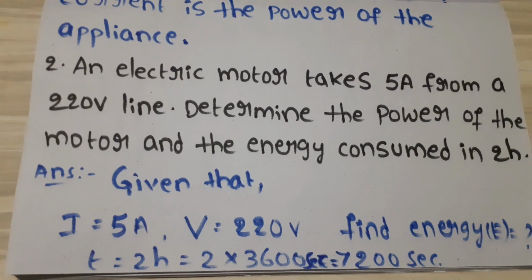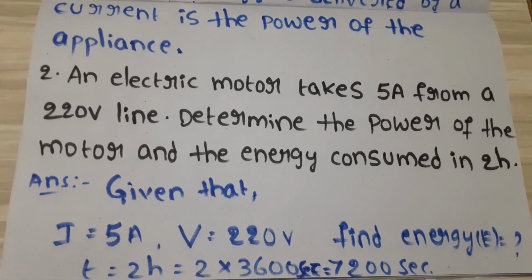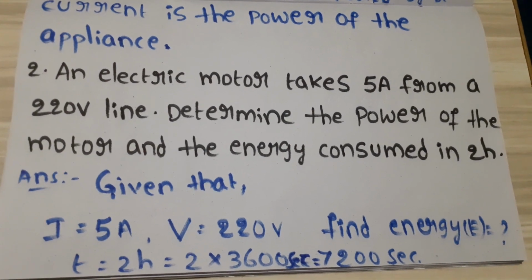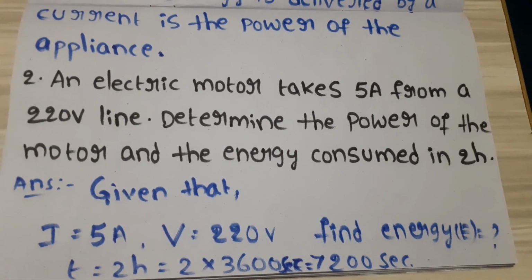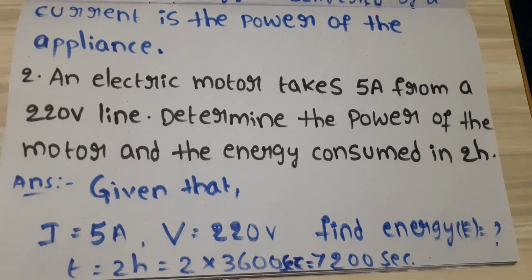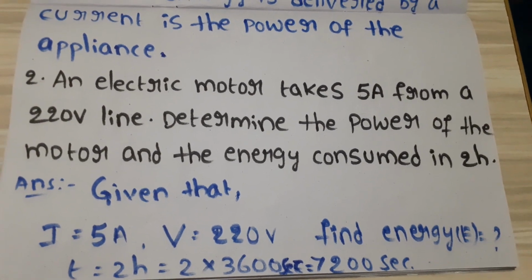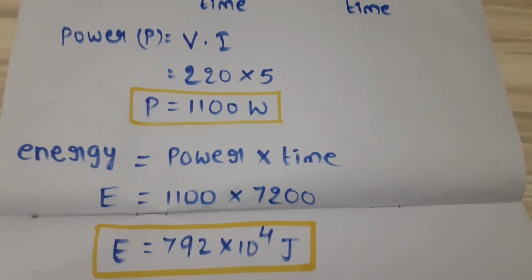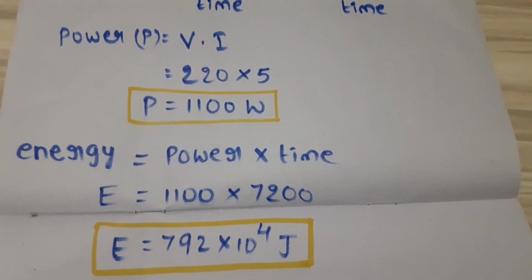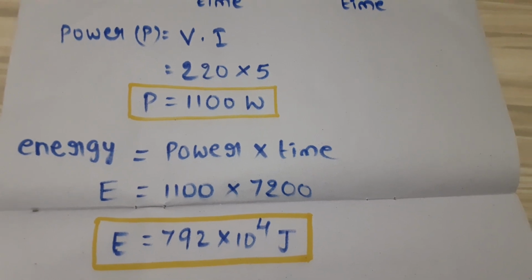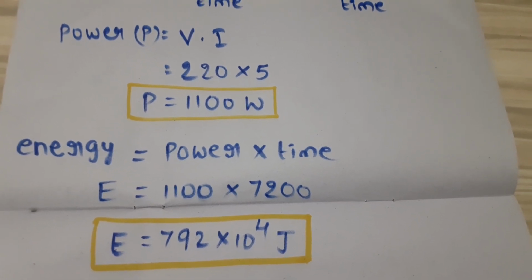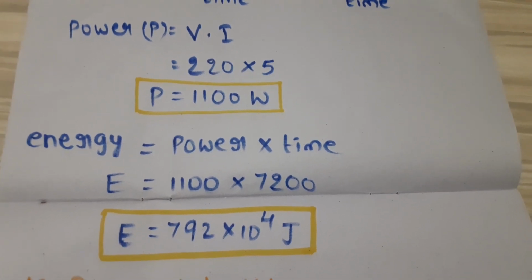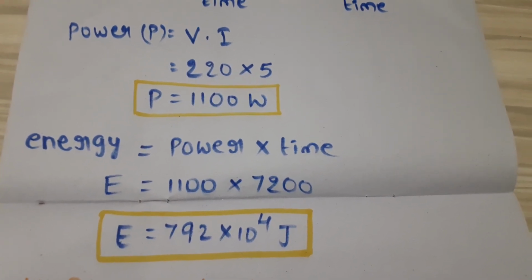This hour can be converted into seconds. 1 hour equal to 3600 seconds, so 2 into 3600 equal to 7200 seconds. Substitute that value. Energy equal to 1100 into 7200. Total energy equal to 792 into 10 to the power of 4 joule. That amount of energy is consumed.